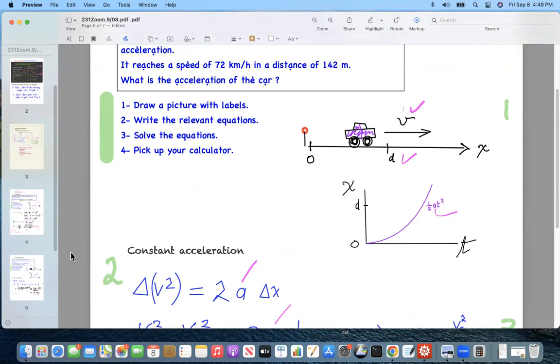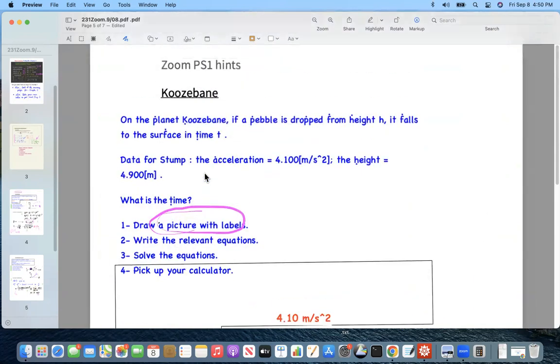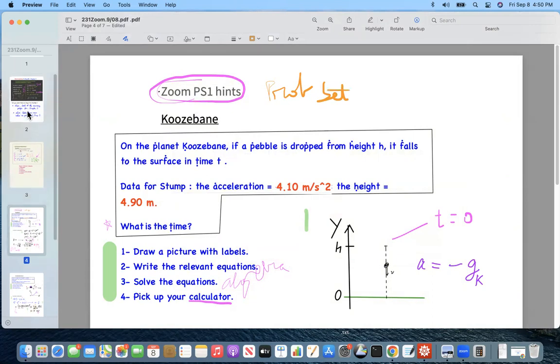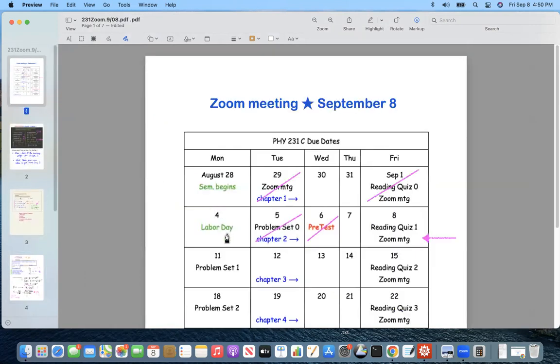Somebody wrote a question on the meeting chat. Are the problems posted on Lon Kappa not the corresponding quiz questions? No, it's not the quiz questions. It's the problem set. These are questions from problem set 1. Problem set is due Monday.